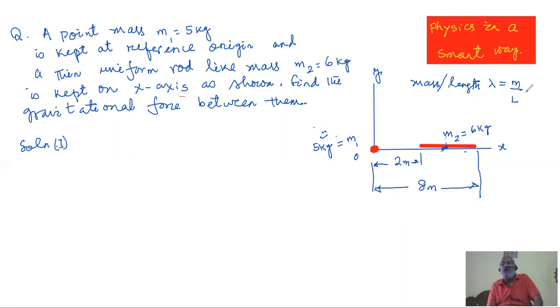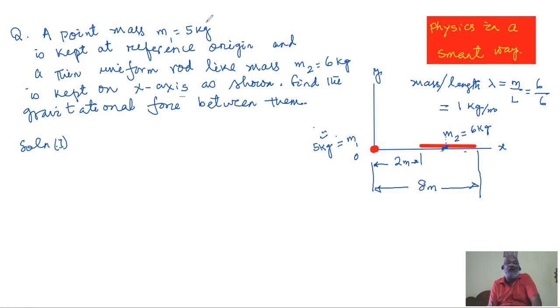That is m by L. M means that is M2, length is 6. So thereby that comes out as 1 kg per meter. Symbolically, if you are going to put it, you can put in the value symbol, that is lambda, that is linear mass density or mass per unit length or mass per length. In this case, that is M2 by its length, 6 by 6, that is equal to 1 kg per meter.